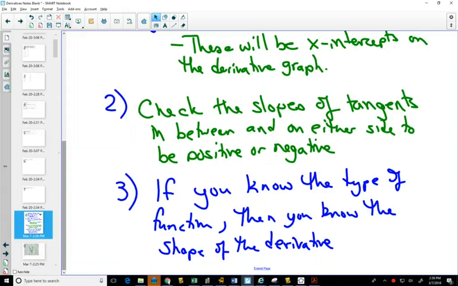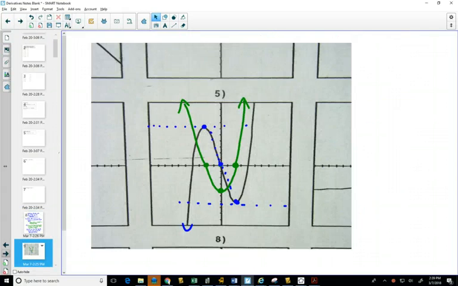So what does that mean? Well, someone said, that's an x cubed graph. If I recognize the original one as an x cubed graph, the derivative of an x cubed graph is an x squared graph. So then I would recognize that it should be something like a parabola afterwards.